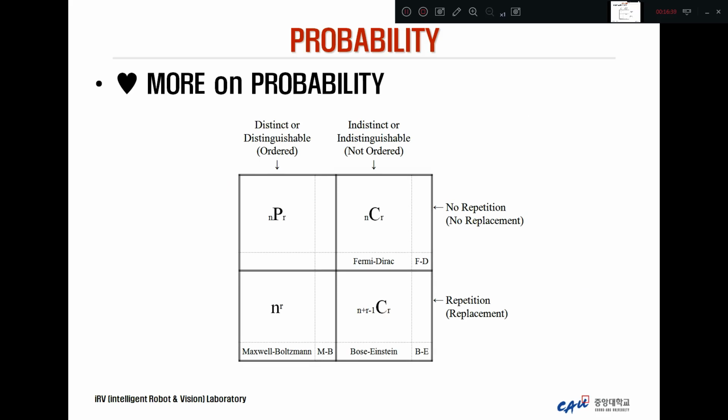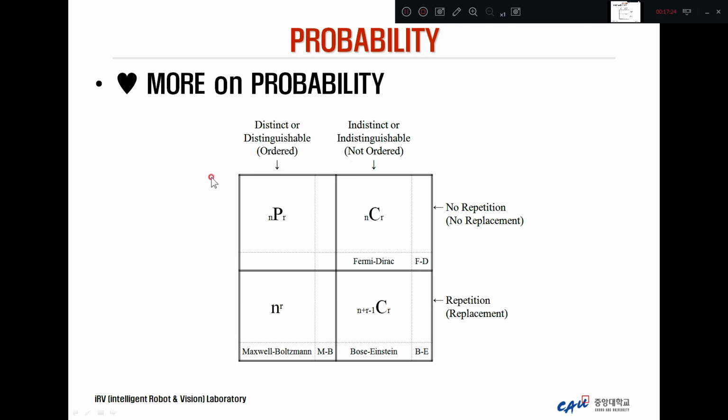Okay. So, in summary, we have 4 kinds of permutation and combination altogether. On the left hand side column, we think of the ordered case among n distinct or distinguishable objects. We consider the order. On the right hand side column, we have indistinct or indistinguishable, so the order is not important.